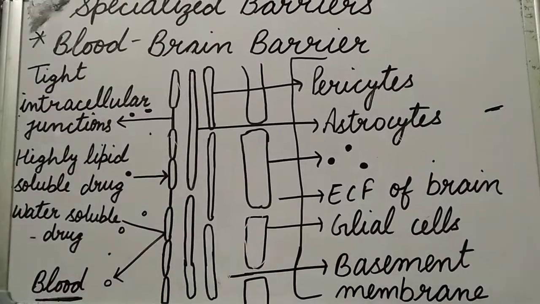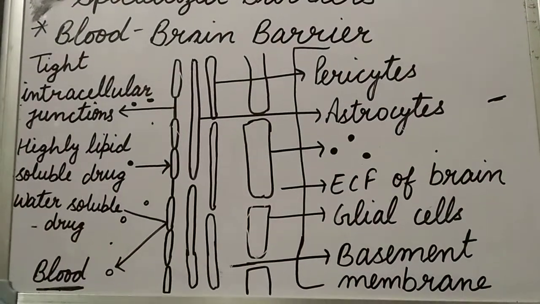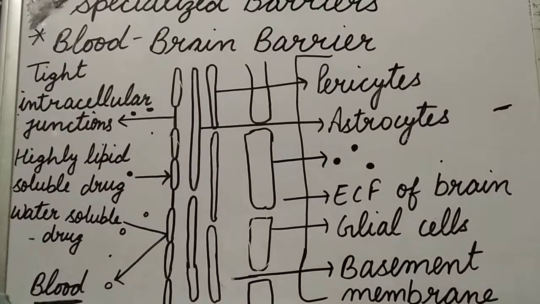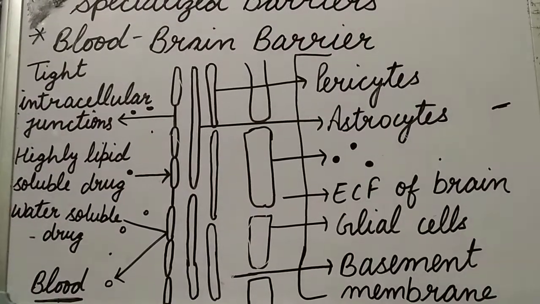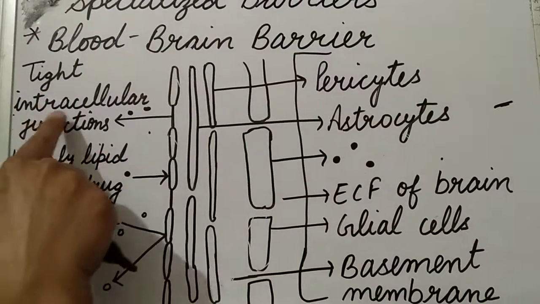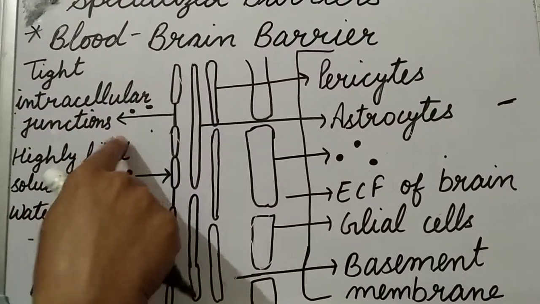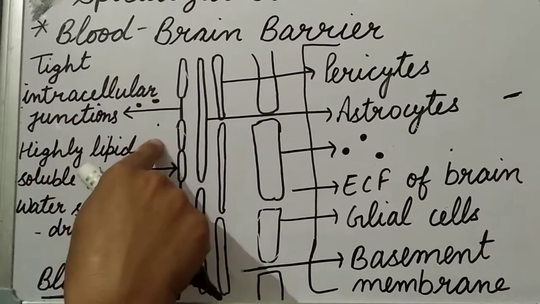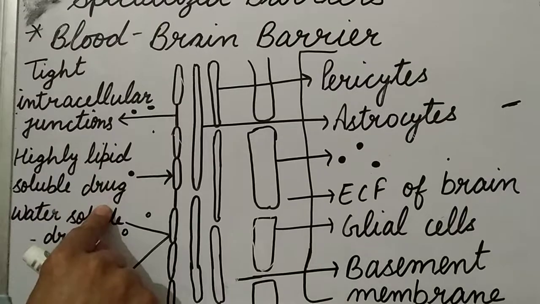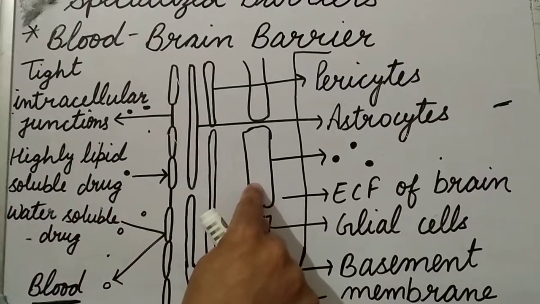Only two mechanisms can be employed by the drugs, that is passive diffusion and active transport. Which drugs can easily cross by passive diffusion? This is important in case of blood-brain barrier. These tight intracellular junctions always resist the movement of the drug from one side to the other. So only highly lipid soluble drugs can easily cross the membrane.